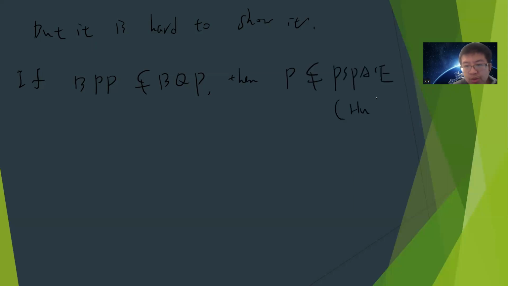This is a huge result that we don't know, because we don't even know that P is different from PSPACE. If you prove that BPP is different from BQP, you make a huge complexity result.